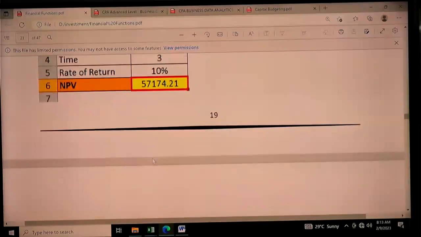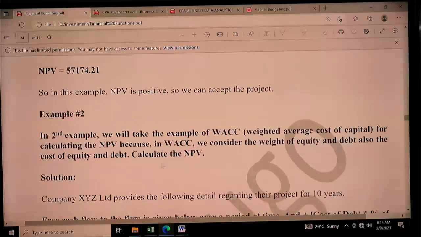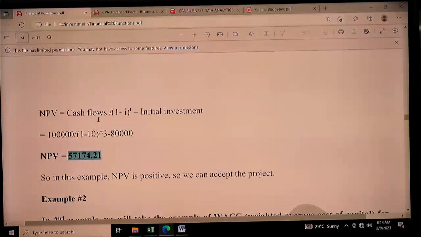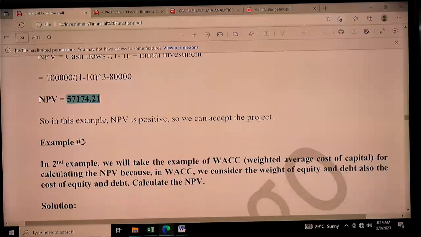So our next discussion, we are going to check when another question like this one is given. Here we are told that the net present value accumulated these amounts. After we run this, 1,000, 1 minus 10 to the power of 3, that is our initial investment, we get that amount.